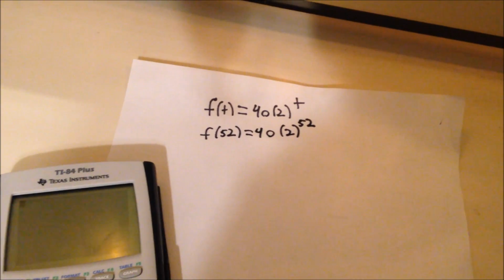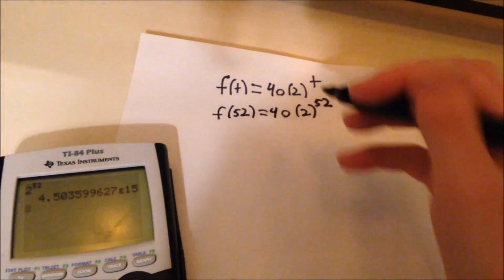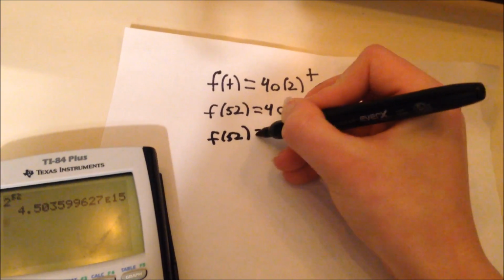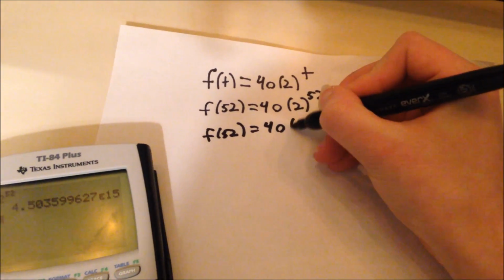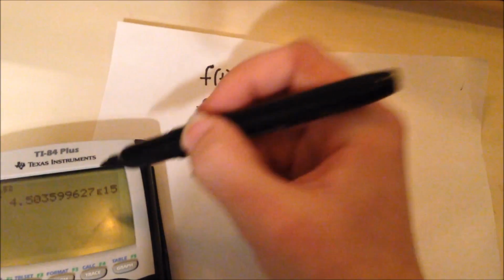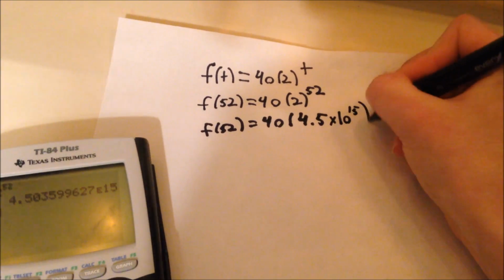2 to the 52nd is a large number, and since that's 2 to the 15th, that's like 10 to the 15th.